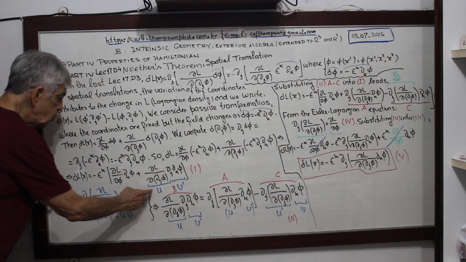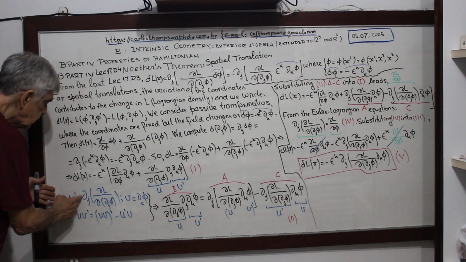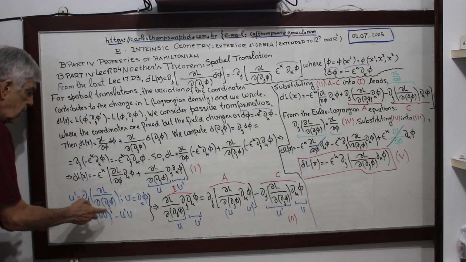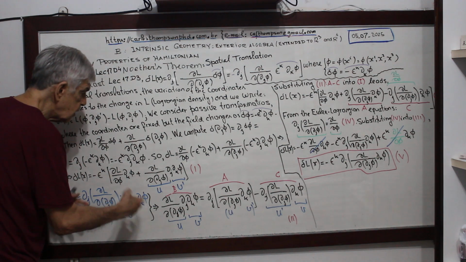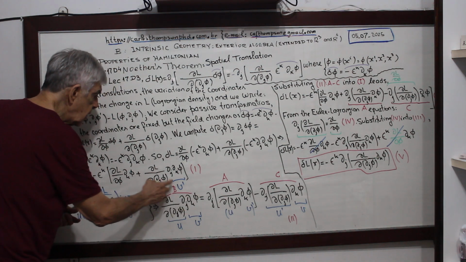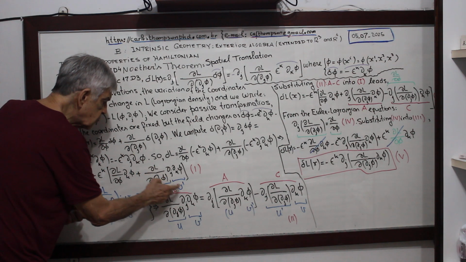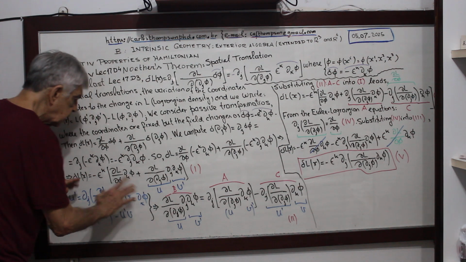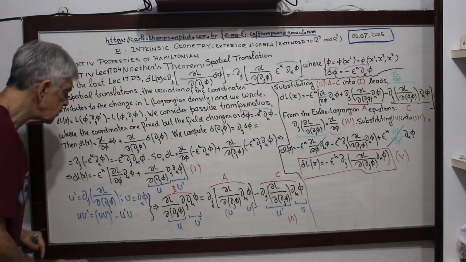So u is this value, u prime is just the partial with respect to j of u. And v, in this case, is the integral of v prime. This I have as a derivative, so the integral just leads to partial of k with respect to phi. That's quite easy.